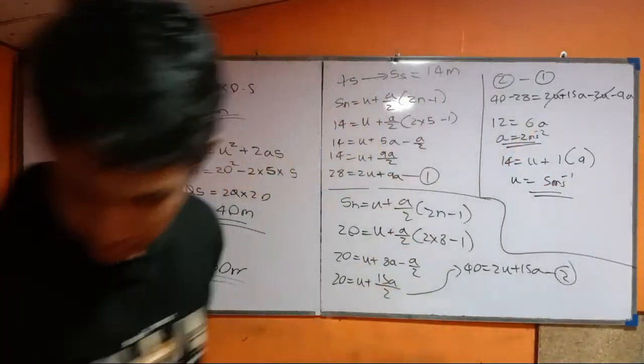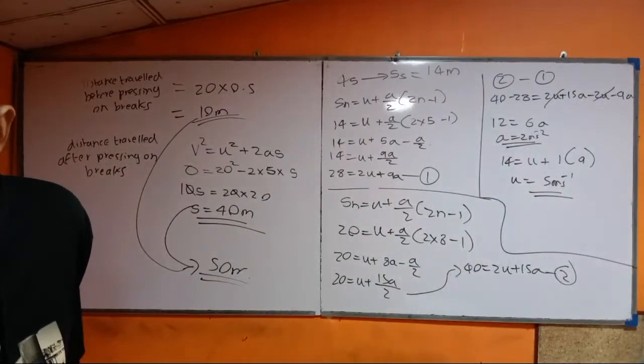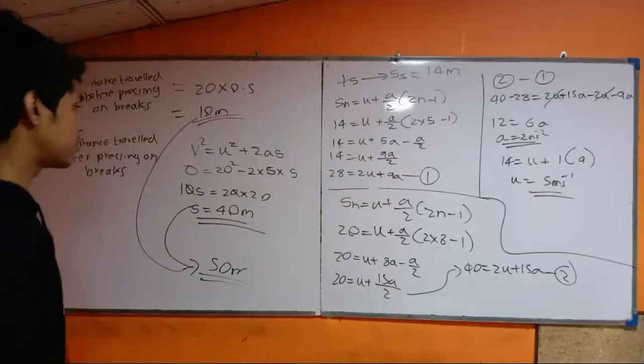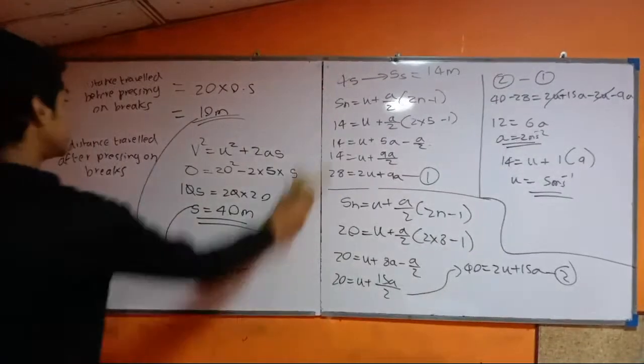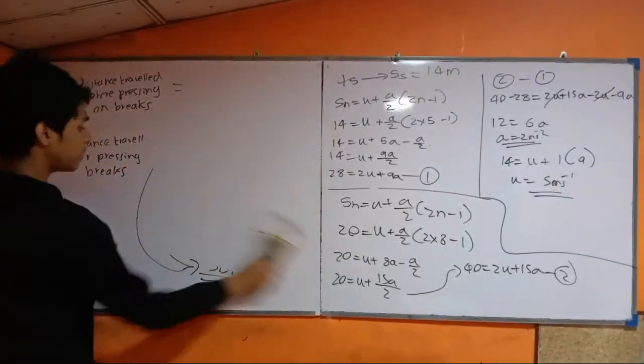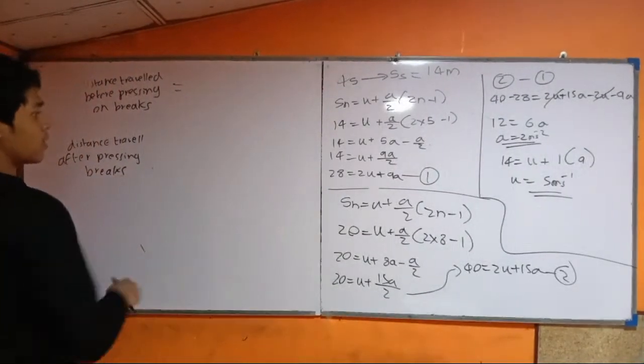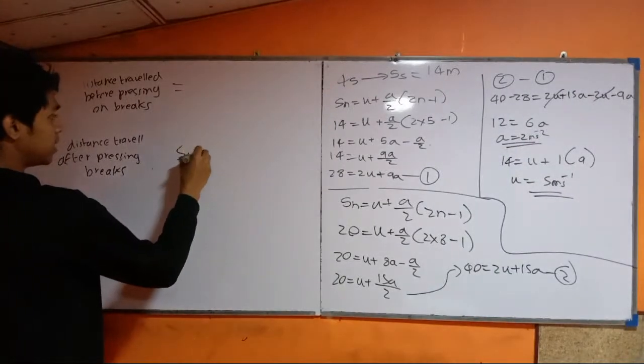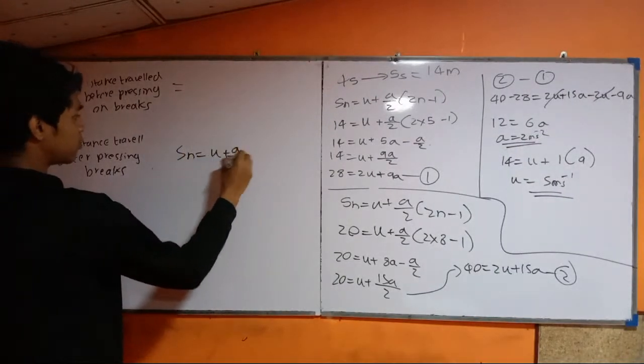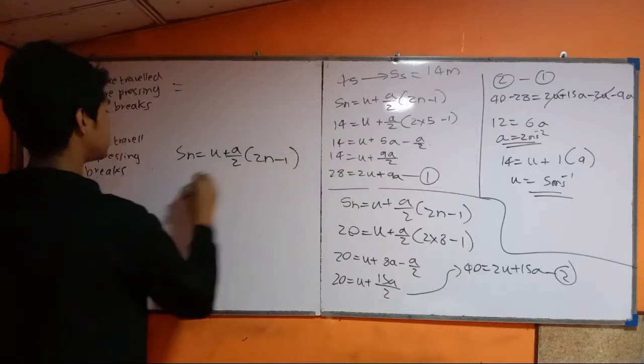Then what are they asking? What is the distance moved within the 15th second? So you use all this information you found to find the final answer. Sn equal to u plus a over 2 into 2n minus 1.